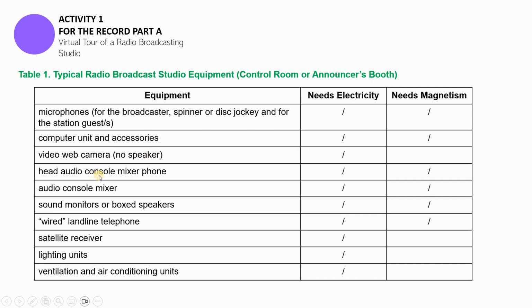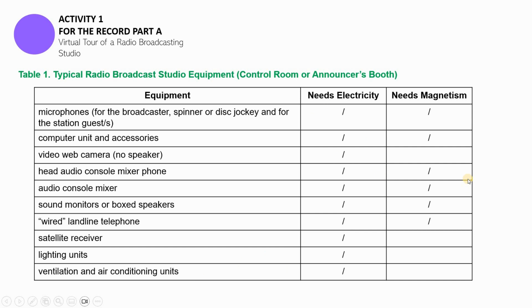Headphones, console mixer phone, as well as audio console mixers, sound monitors or boxed speakers, and wired landline telephones, they all need electricity and magnetism. However, satellite receivers, lighting units, as well as ventilation and air conditioning units are presumed to need electricity.